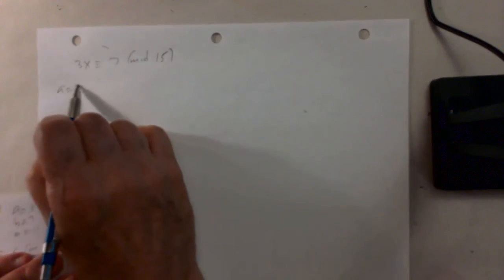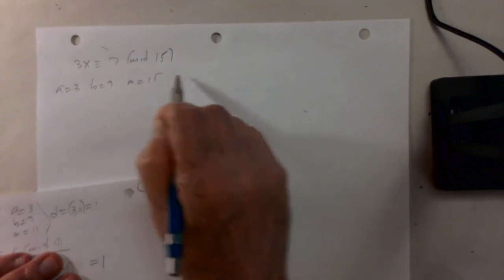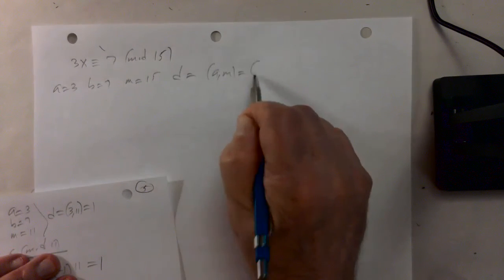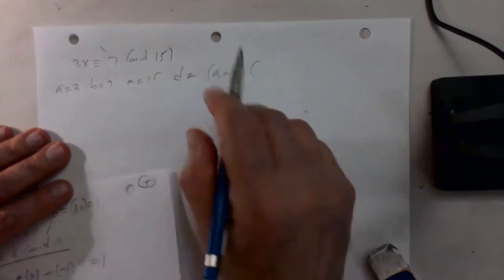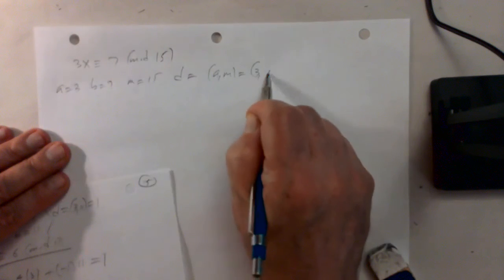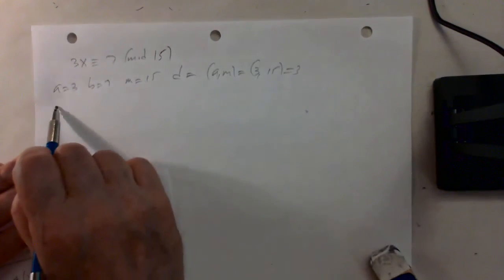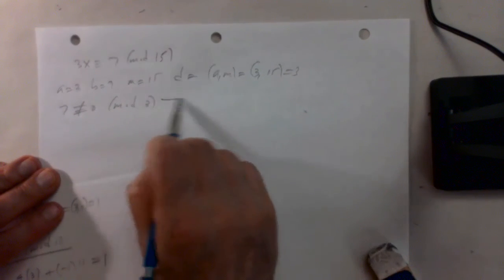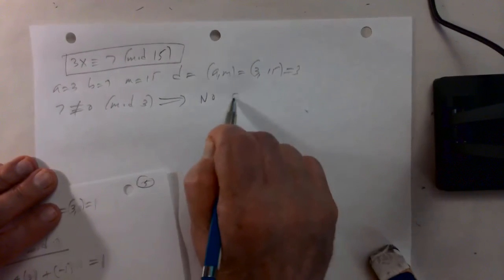So in this case, A is 3, B is 7, M is 15, D, which is the greatest common divisor of A and M, which is the greatest common divisor of 3 and 15, that's 3. 7 is not congruent to 0 mod 3. So this congruence has no solution.